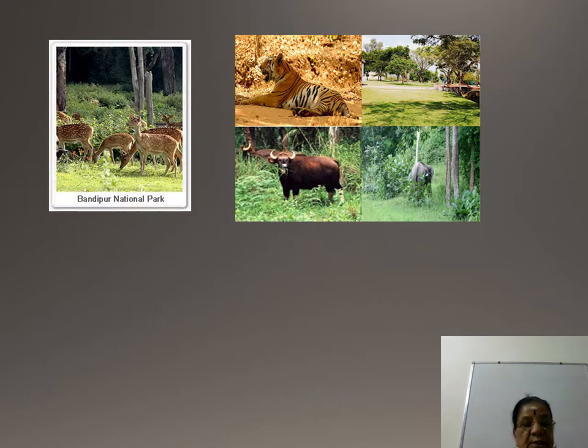Bandipur is a national park, and this figure shows its flora and fauna. I hope you understand this. So this is just an example.